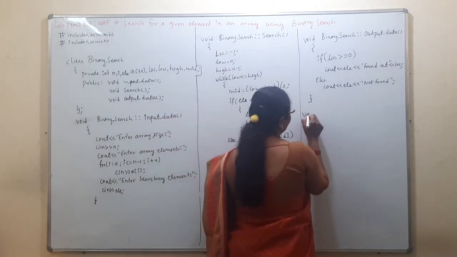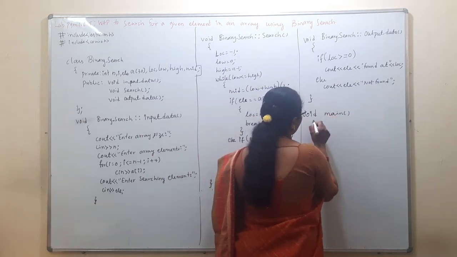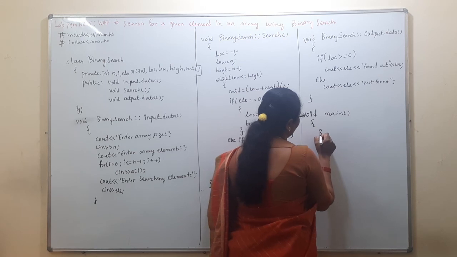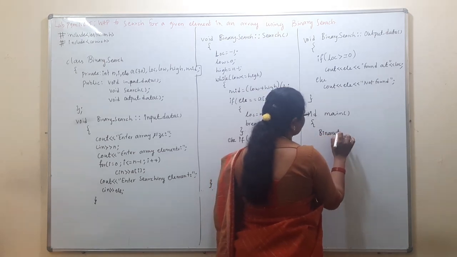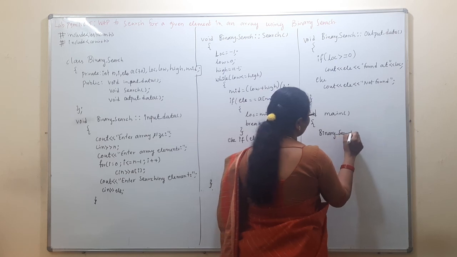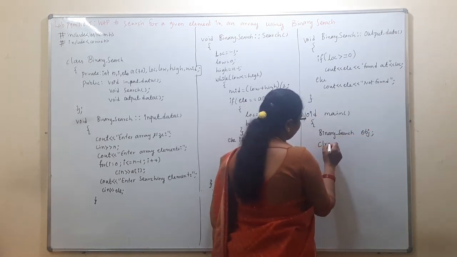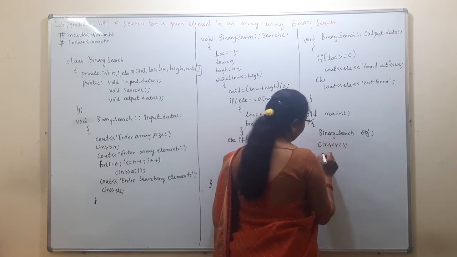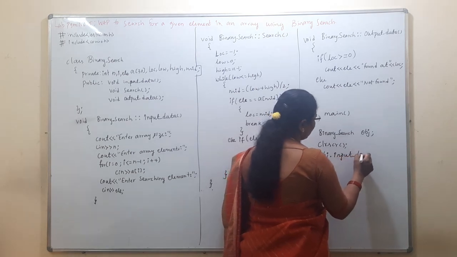Then your main function, void main. Create the object with the class name; binary search is your class name. Create the object. Clear the previous output screen and invoke the functions. First input data. How are we invoking?